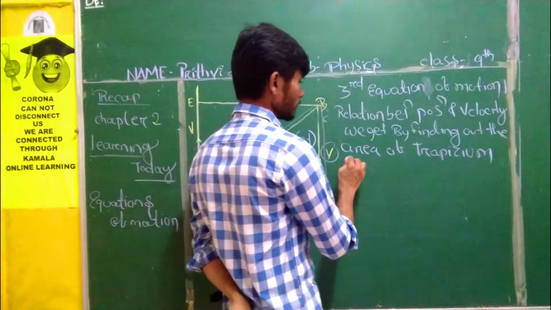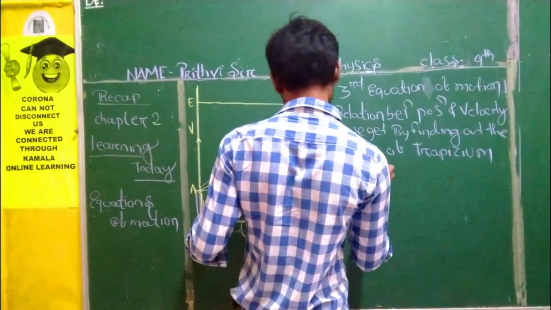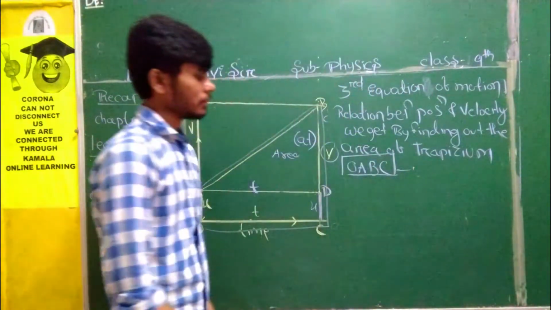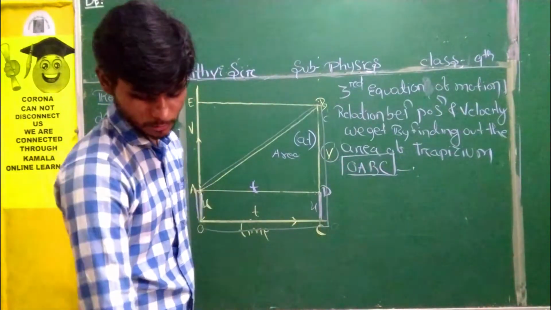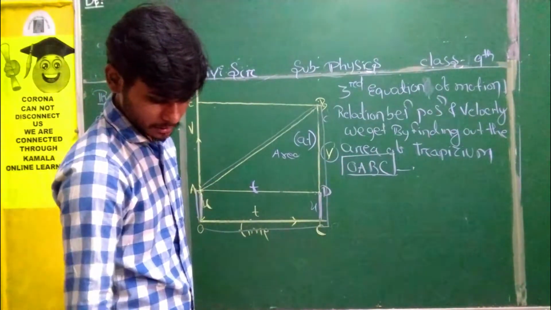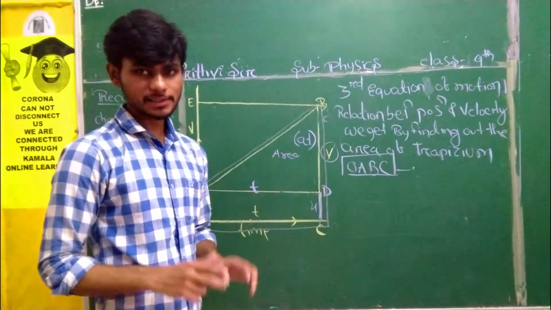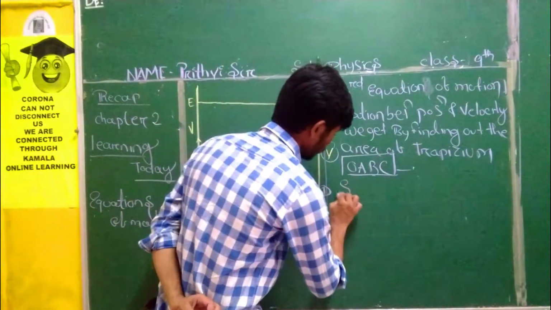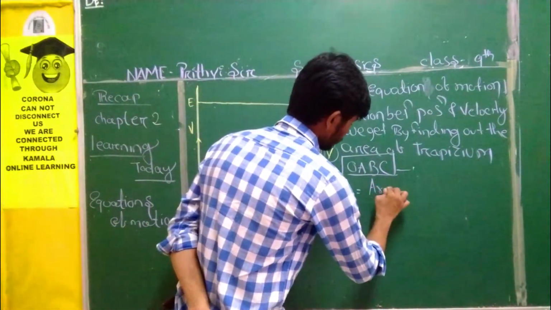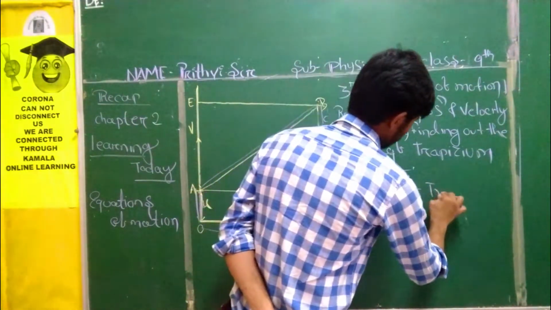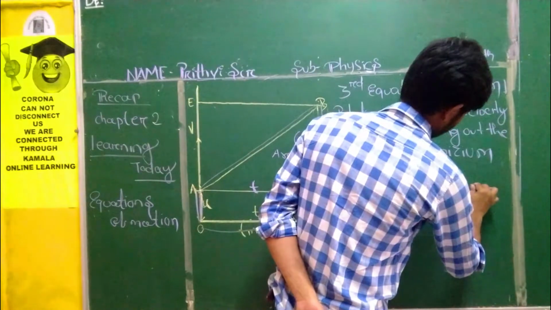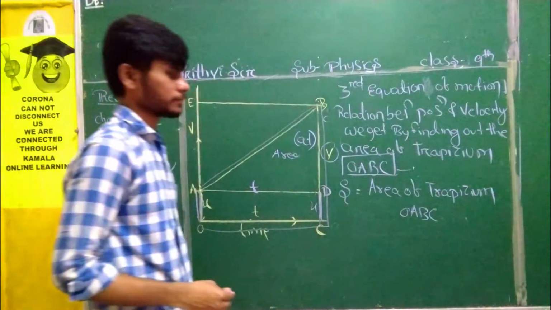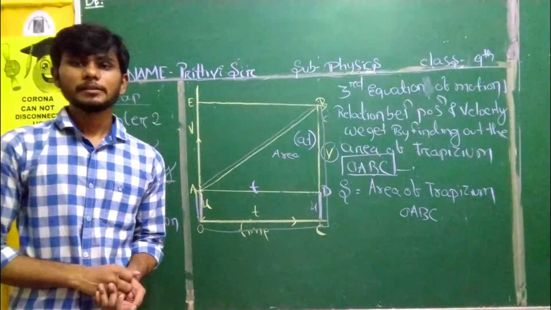Okay, area of trapezium OABC. If you find out that, you will get your answer. You need to get your answer in the form of S, because we are calculating position as well as velocity. So S is equal to area of trapezium OABC.